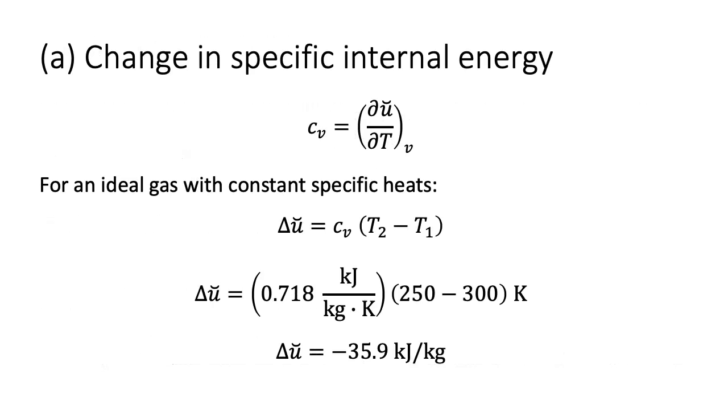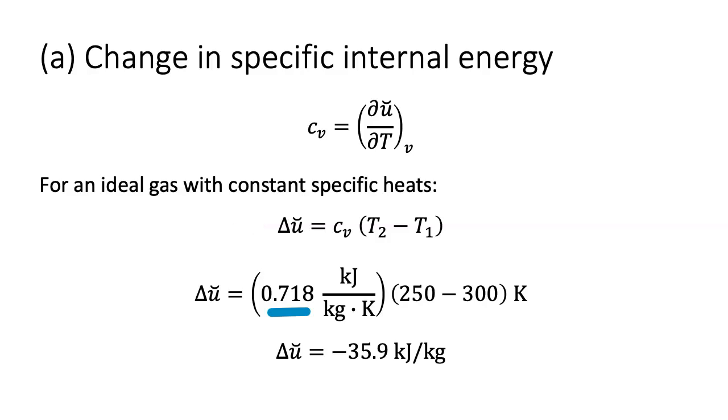For Part A, calculate the change in specific internal energy from Section 1 to Section 2. In general, the specific heat at constant volume is equal to the change in internal energy with temperature at constant volume. For an ideal gas, where internal energy is only a function of temperature, and for a constant specific heat at constant volume, this definition can be integrated to get the relationship shown.